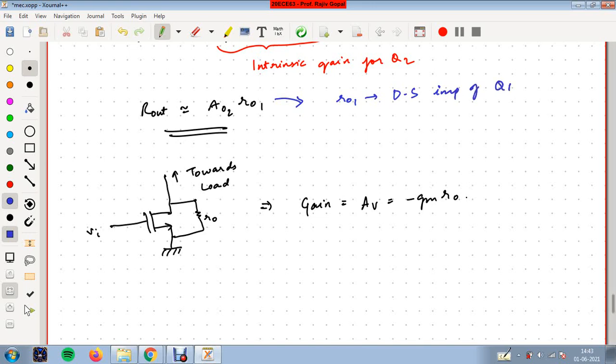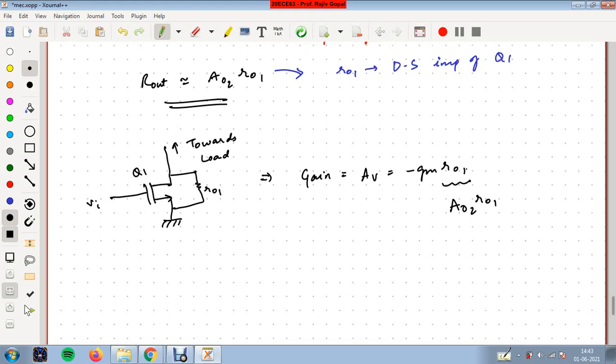This entire R naught 1 is replaced with A naught 2 into R naught 1. The output impedance seen is not just R naught 1, it is A naught 2 into R naught 1, so it is getting multiplied by a factor of the intrinsic gain of Q2.